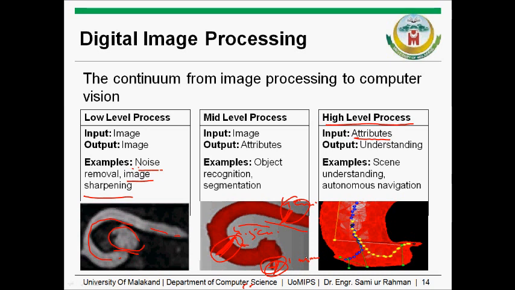Now from the anatomy of these images one can understand that if an artery's radius is 4 centimeter, then it can be some big artery, or in a specific field they might have some names. And if the artery has a small diameter or radius, then it might be those types of arteries. So in this level of image processing, we provide attributes, let's say radius, and the understanding is classification.